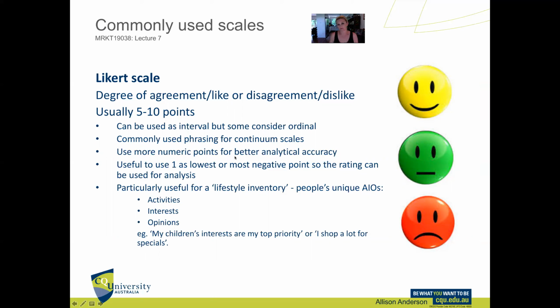Use more numeric points for better analytical accuracy. It's useful to use 1 as the lowest or most negative point, so the rating can be used for analysis. So if you have 1 as your minimum and 5 as your maximum, it's quite useful that your strongly disagree, or your most dislike, or your most negative factor is 1 and your most positive factor is 5, because then you can give it some kind of rating out of 5. You can say it was an average of 3.6.